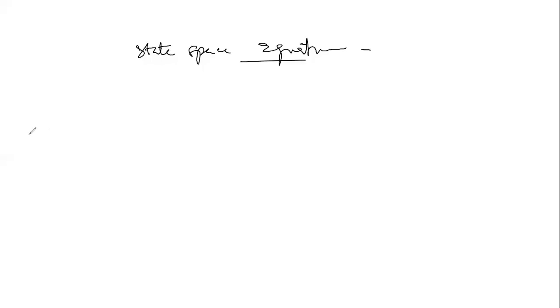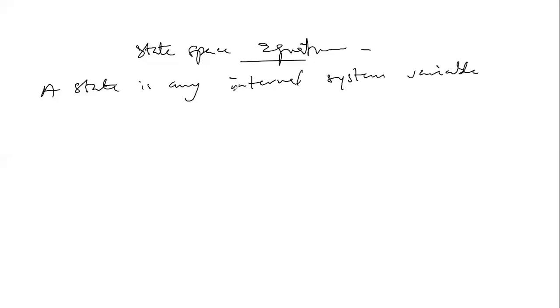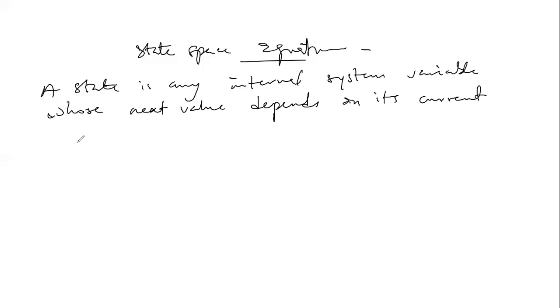So a state is any internal system variable whose next value depends on its current value. So it contains information about how the system evolves in time. That's what a state means.